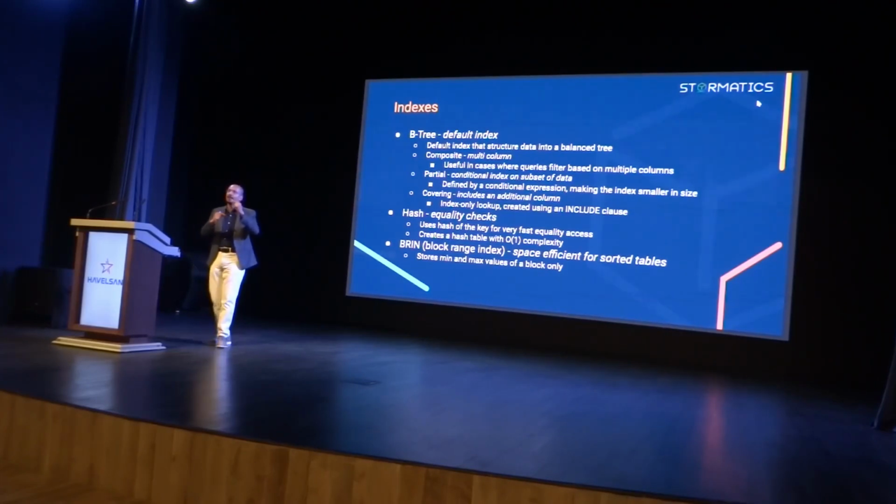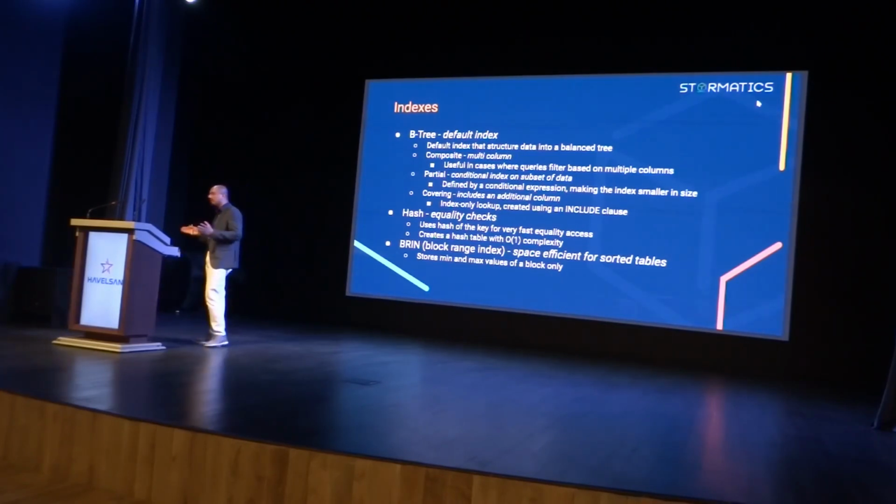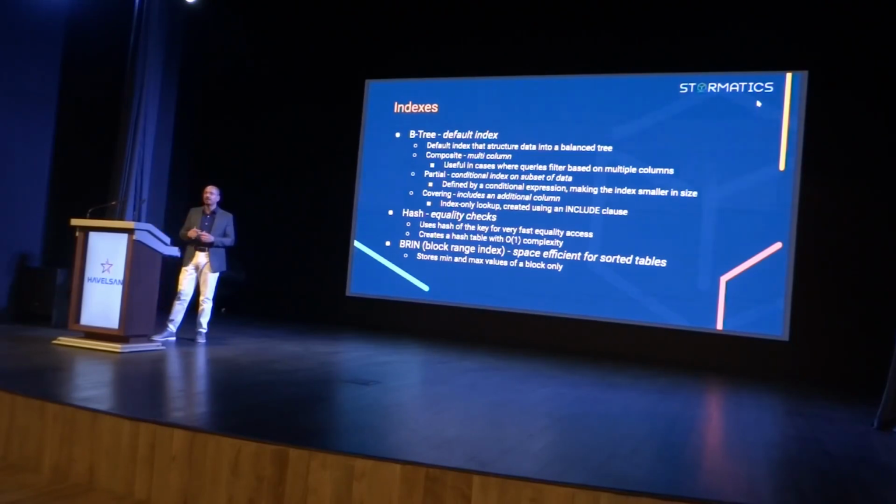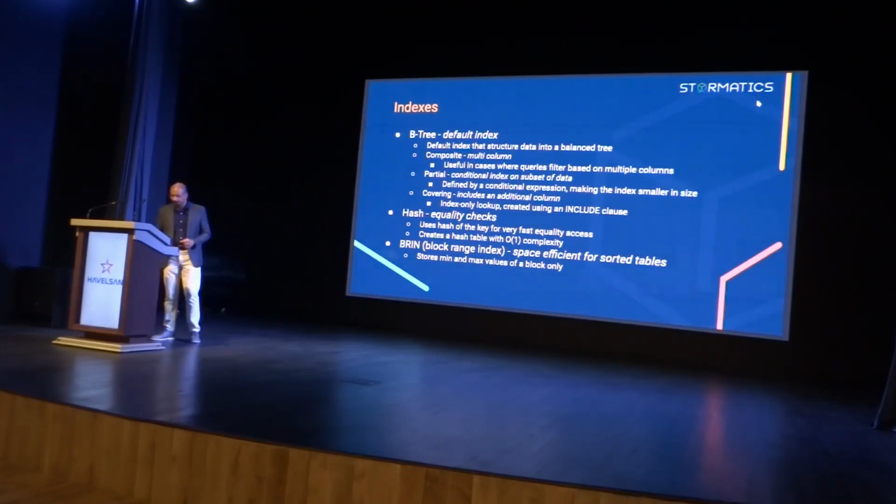If you look up that particular index, it will know which block of data to go to and retrieve that data very quickly. So it saves a lot of space. Instead of storing the entire index on the entire column or the entire table, it will only store the smallest and the largest values in a particular block, and then take it from there.